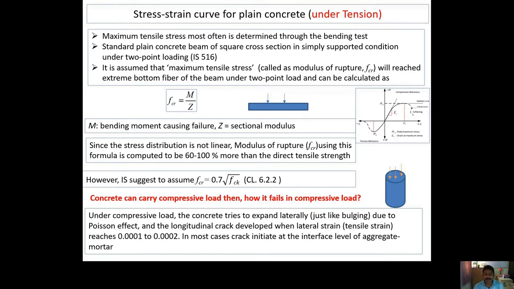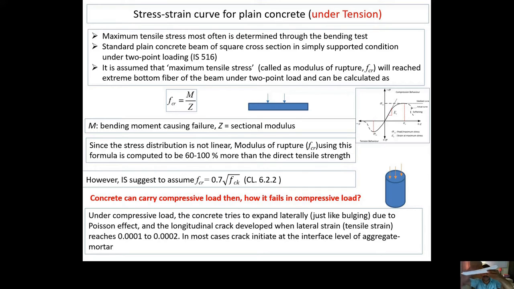If you apply the load, the structure will try to deform like this. So the bottom fiber will come under tension and the top fiber will come under compression.